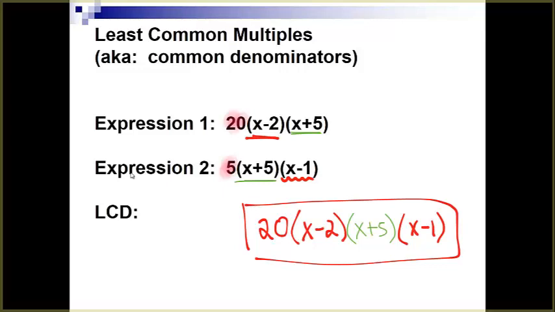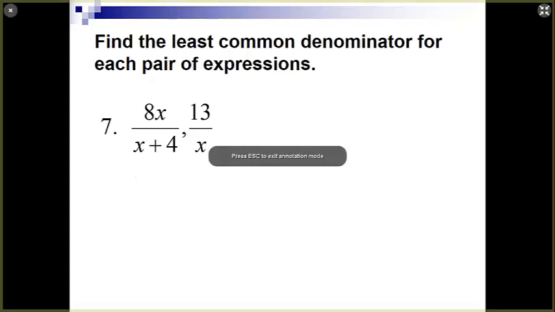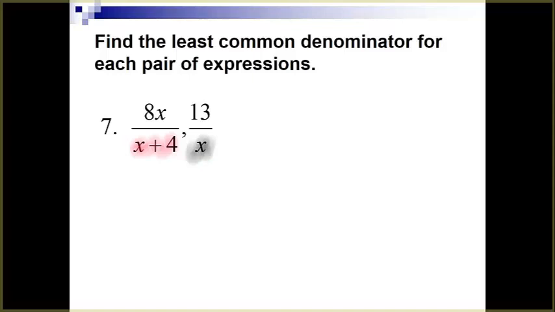So where does this actually come into play? I'm going to just jump in with this one right here. With the least common multiple, you're looking at algebraic fractions, what's called rational expressions. And the reason they're rational is because you have a number over another number. But we have two expressions here. We have an x plus 4 and just an x. So you take the highest exponent of each one of those parts.